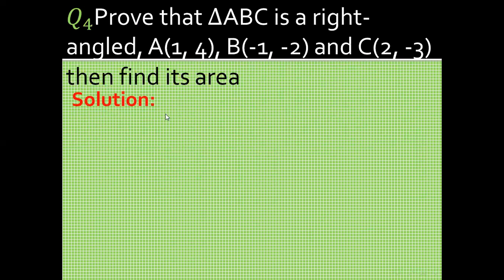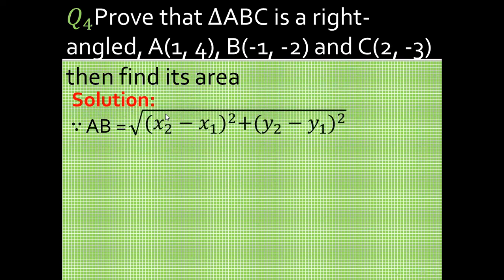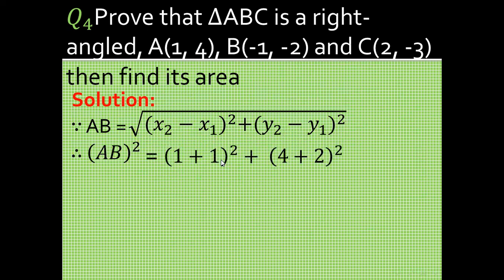Then AB equals root of (x2 minus x1) all power 2 plus (y2 minus y1) all power 2. And AB all power 2 equals, without the root, (1 plus 1) all power 2 plus (4 plus 2) all power 2 equals 40.